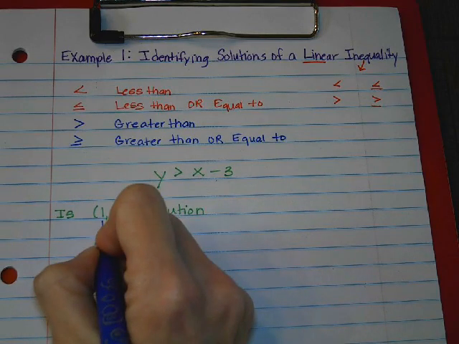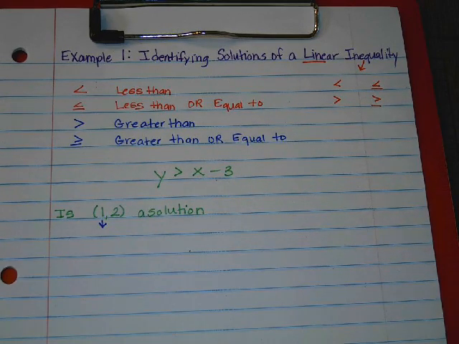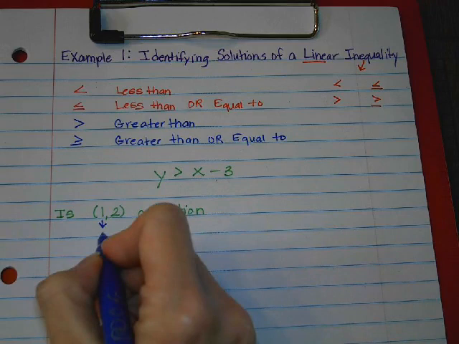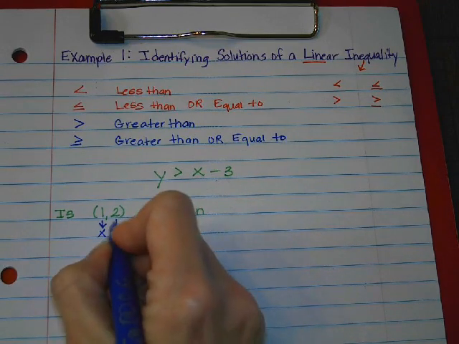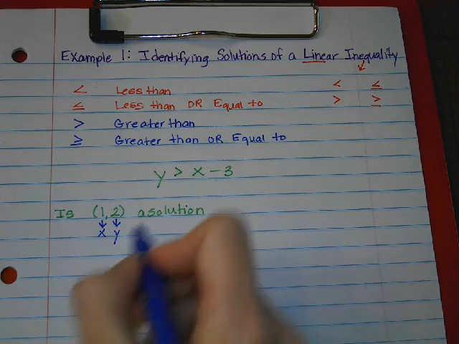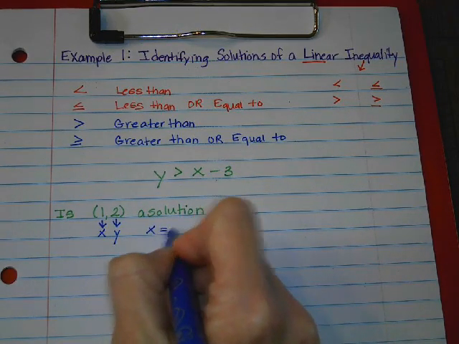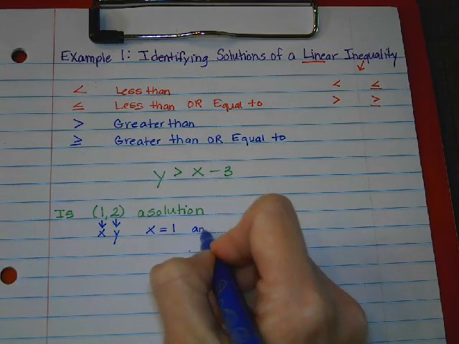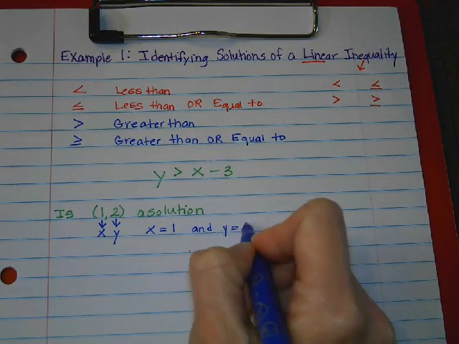In an ordered pair, think alphabetically. x is our first value and y is our second value, and alphabetically, x comes before y. So now we know that x is equal to 1 and y is equal to 2.